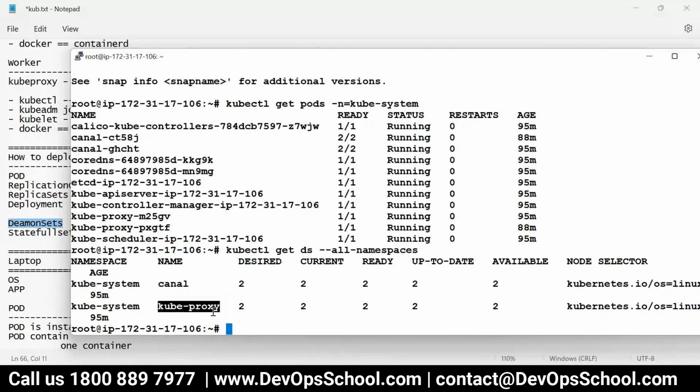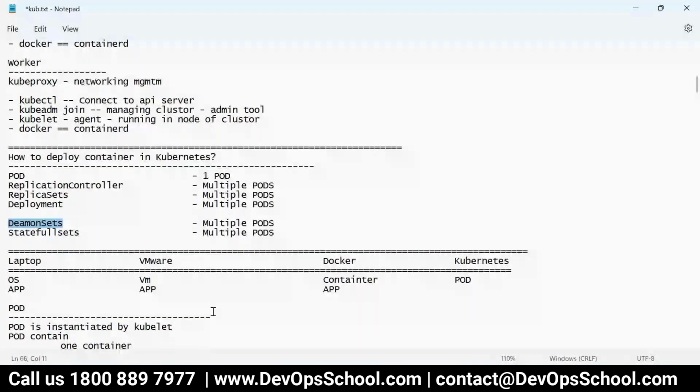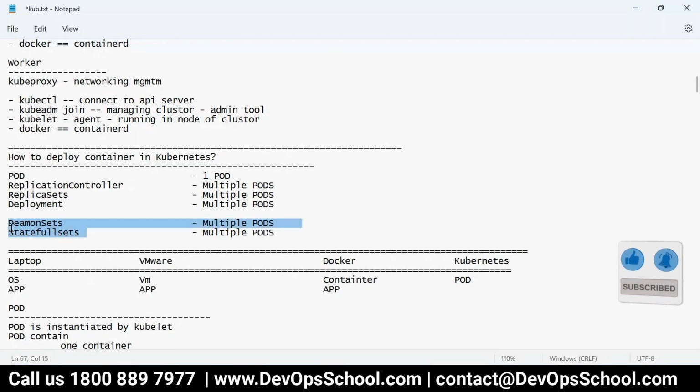So if you want to deploy one pod on each worker for maintenance work, then use a DaemonSet. Then you'll ask, what is a StatefulSet? A StatefulSet is for the database pod. A database pod means the application which has certain database properties, so it always sticks to the same database.